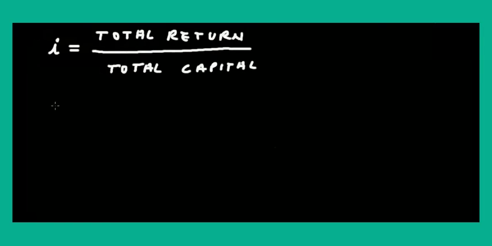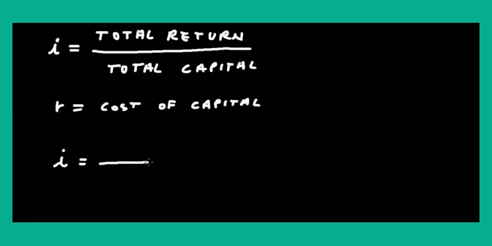So assuming the cost of capital is R, the rate of return can be computed in an easy way from the profits and the invested capitals. Now, in a one-period project we have only one income, and we divide it by the only capital invested at the beginning of the first period at time 0.